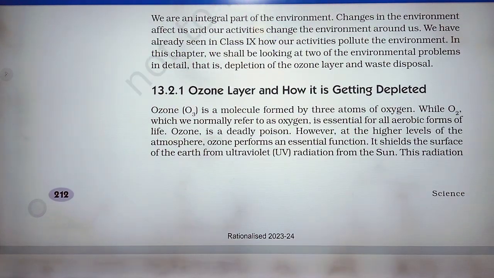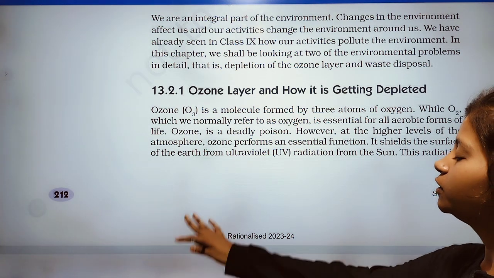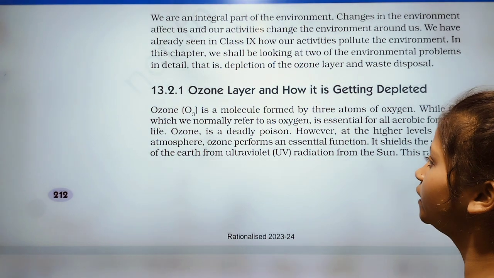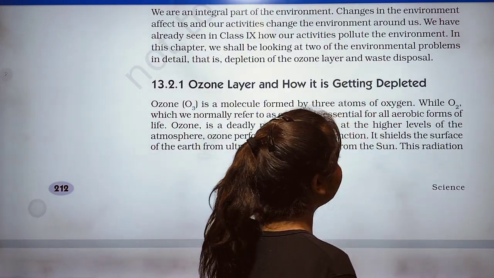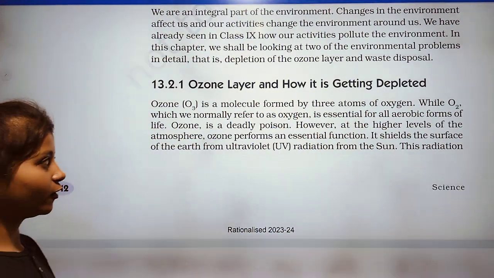Ozone, O3, is a molecule that is formed by three atoms of oxygen, while O2, which we normally refer to as oxygen, is essential for all aerobic forms. As we all know, oxygen is very important for us.